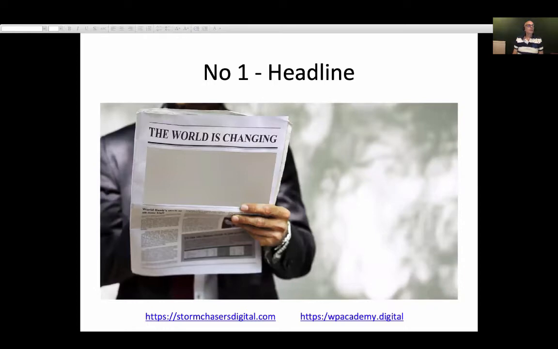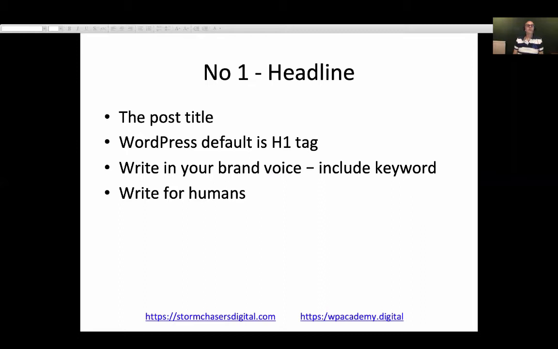So number one is your headline. Okay, so like a newspaper, you want a headline that is going to grab attention. And this is the post title. Okay, so that is going to create your headline.